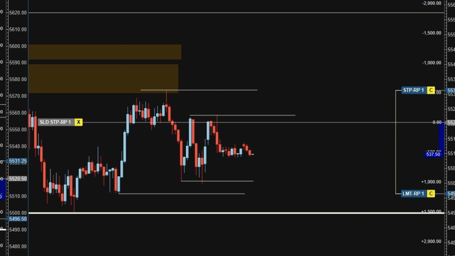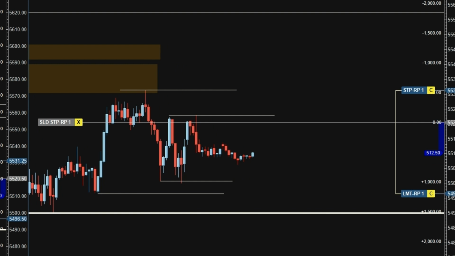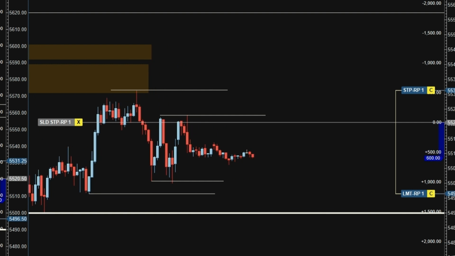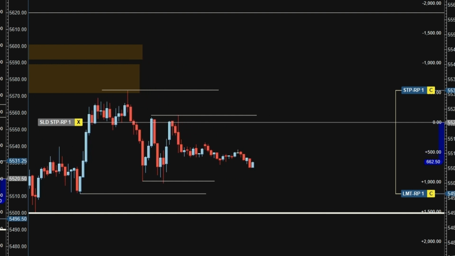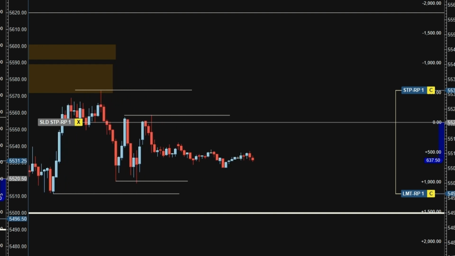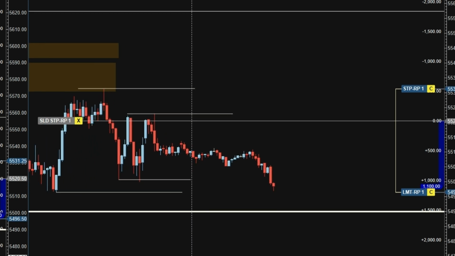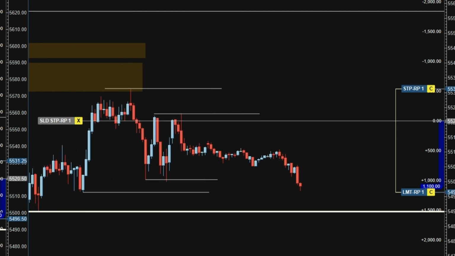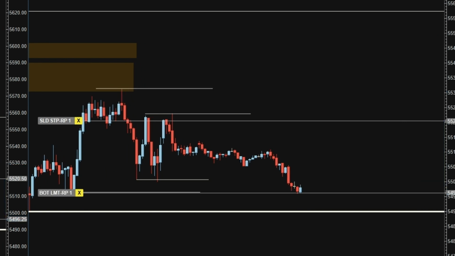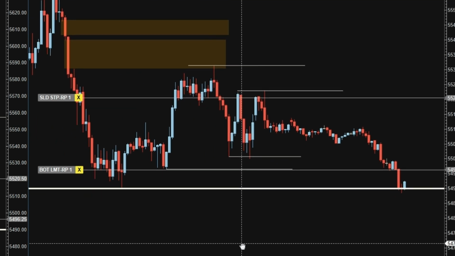What is the price doing? Price is still lingering there, right? Then eventually it's moving down to our take profit area and further, right?